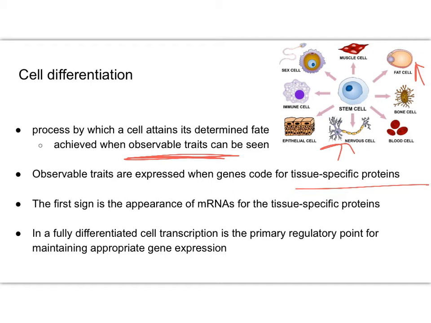The first signs that you're going to have differentiation occur is when we get the appearance of messenger RNA for the tissue-specific proteins. Remember, tissues are groups of cells that are working together, and so these tissues are going to be differentiated as well. And so when we first start to see messenger RNAs for these tissue-specific proteins, that tells us that the process of differentiation is occurring.